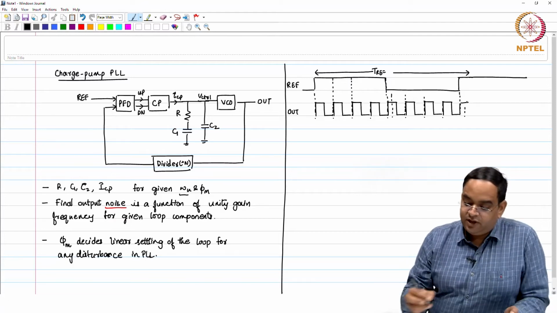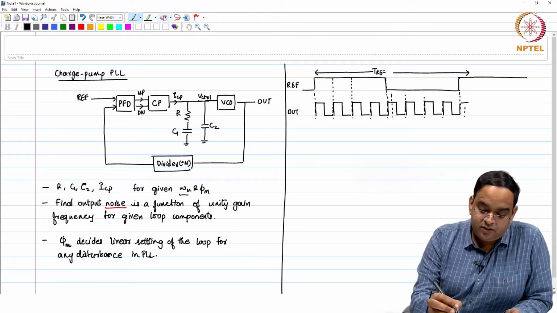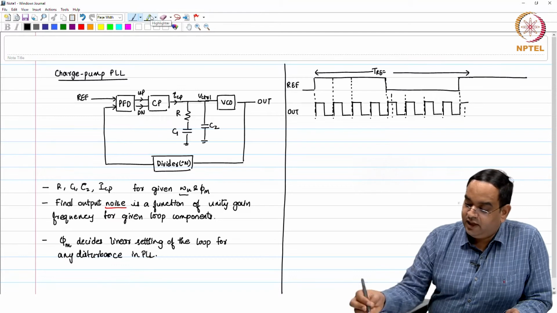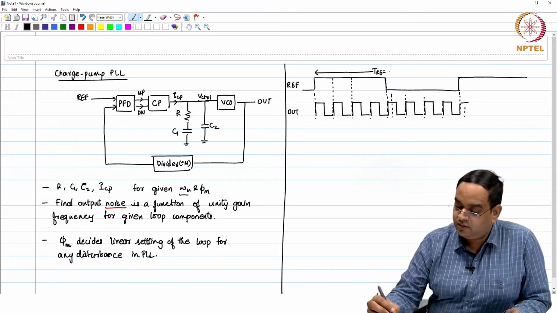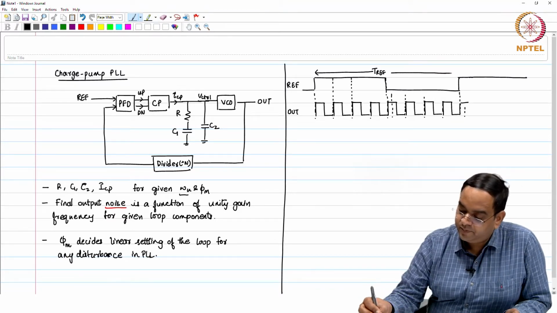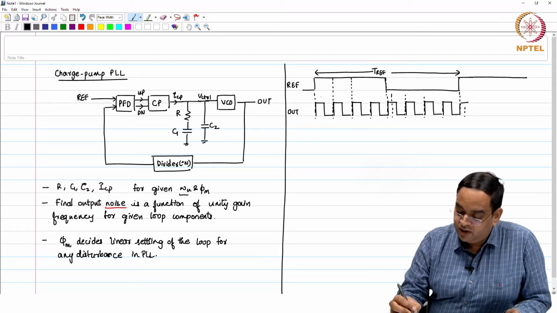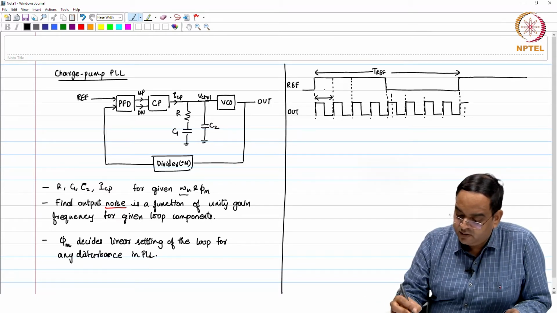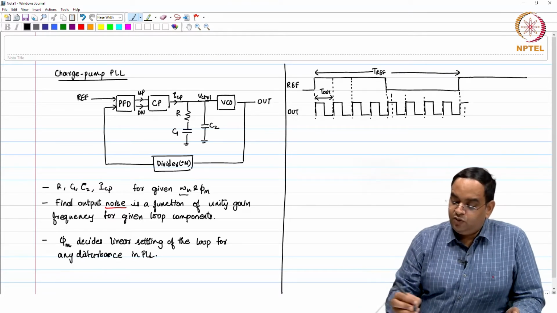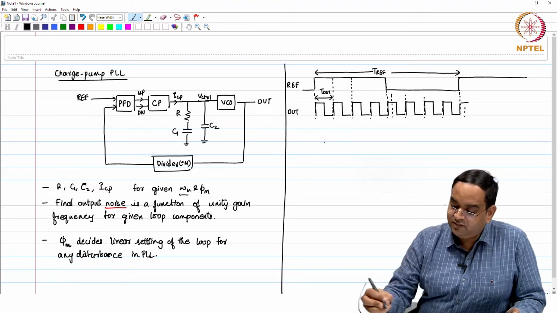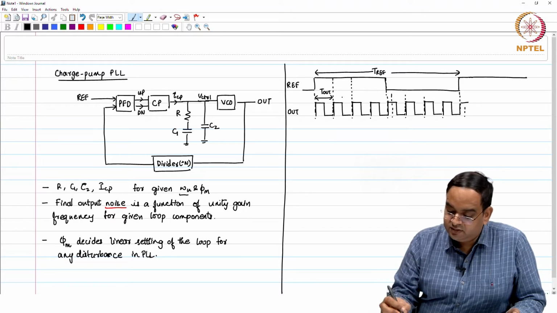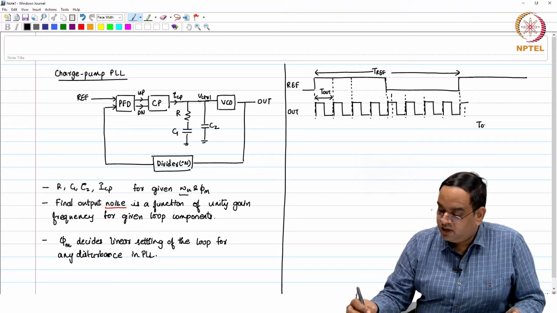If this is my ideal clock, then our VCO period T out is equal to T ref by 8.